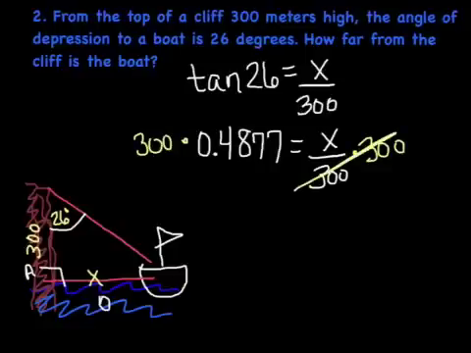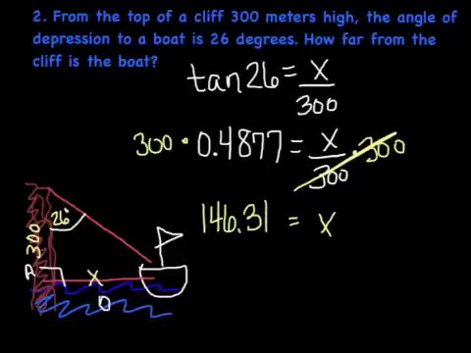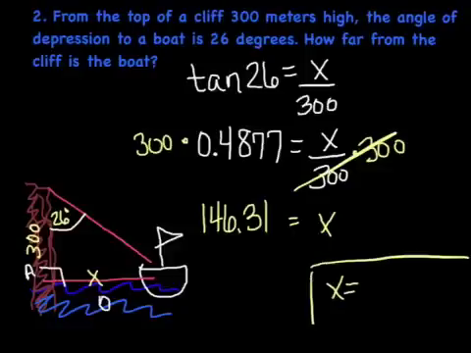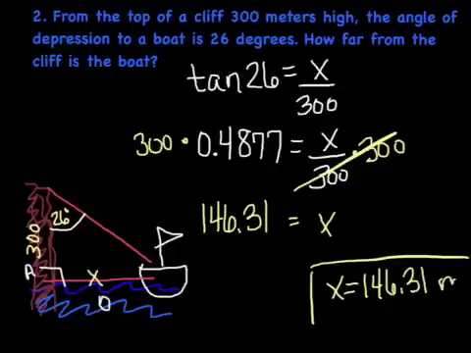So those go away. Now I just need to use my calculator to multiply 300 times 0.4877, and I get 146.31. So what I found was the distance from the cliff to the boat. It would be 146.31 meters. Pretty cool, huh?